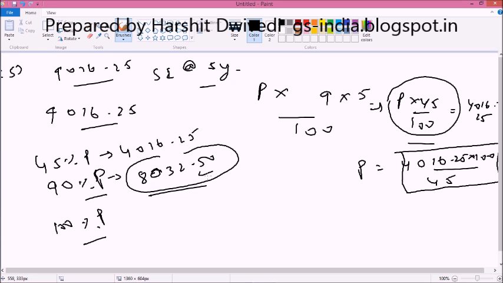So 9 into 5 upon 100 becomes 45%. So 45% is 4016.25, so 90% is 8032.5. For this much you don't need to do any calculation. You just get 90% equals 8032.5. You have to calculate 100%. So obviously 100% of the value will be a little bit more than 8032.5.